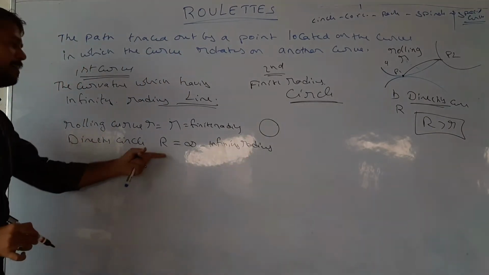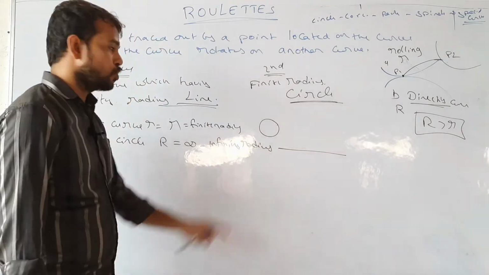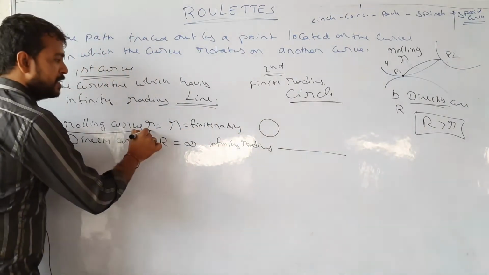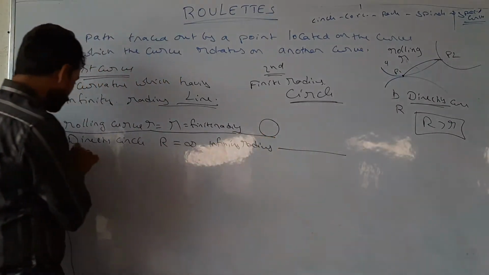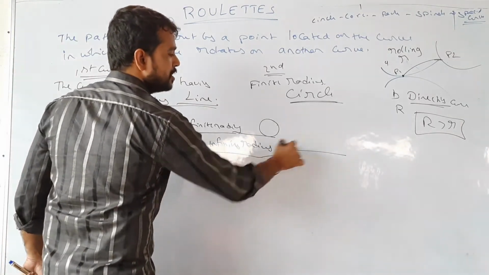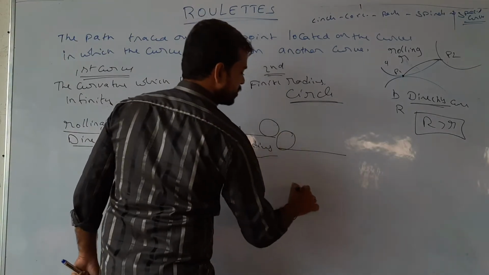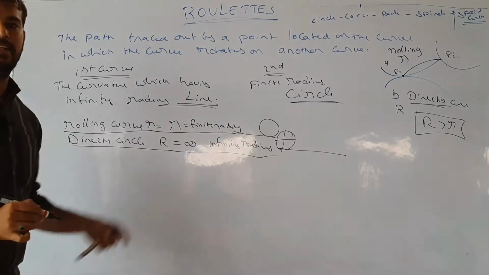The directing curve radius is infinite, that means you will get a line. So the rolling curve has finite radius, that means a circle should rotate on the directing curve, which has infinite radius, that means a straight line. So the first condition is the circle should rotate on a straight line.